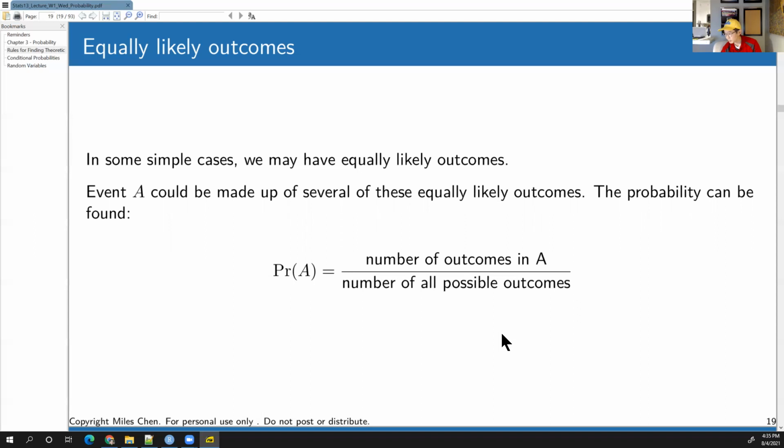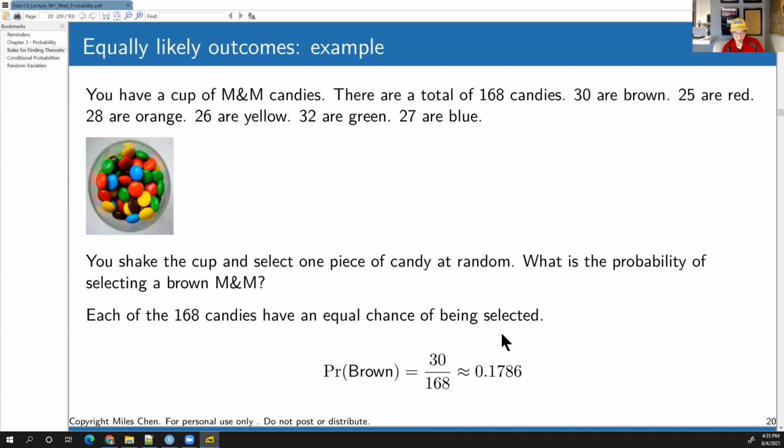The probability of something like this, right? You've got event A made up of several of these outcomes. The probability can be found as the number of outcomes included in event A divided by the number of all possible outcomes. So let's just take a simple example here, right?